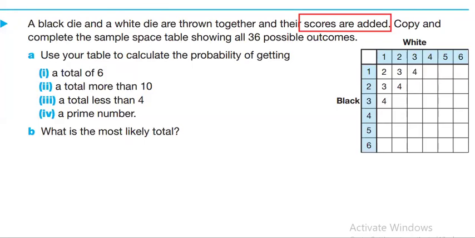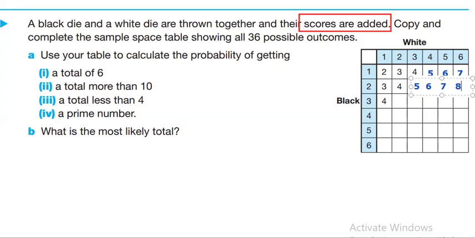Now let's first finish the question by adding the numbers. These are done for us, so this is 2, 3, 4, and then 5. We have to make it small so we can fit it in. So here 5, and then 6, and then we have 7 here. 2 plus 3 is going to be 5. 2 plus 4 is going to be 6. 2 plus 5 is going to be 7.